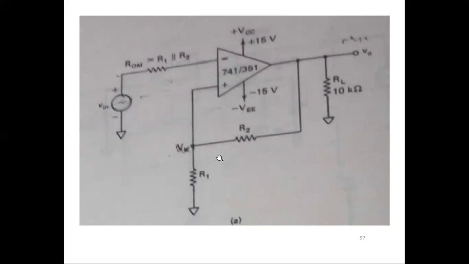So we have two different voltage levels. One is plus VSAT divided by R1 plus R2 into R1. The second level is minus VSAT divided by R1 plus R2 into R1. The positive one is known as the upper threshold. The negative one is known as the lower threshold.